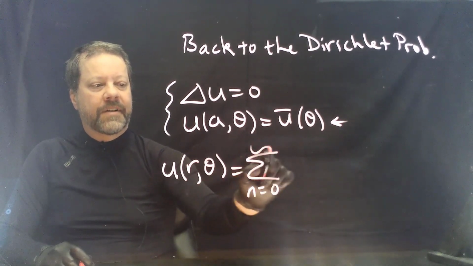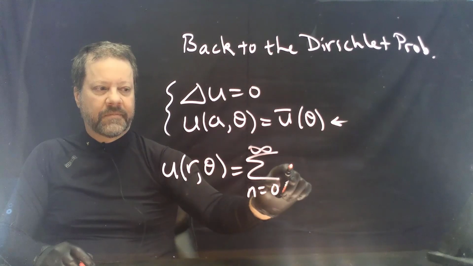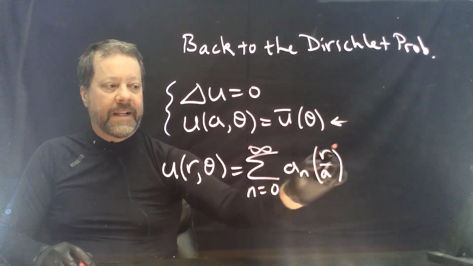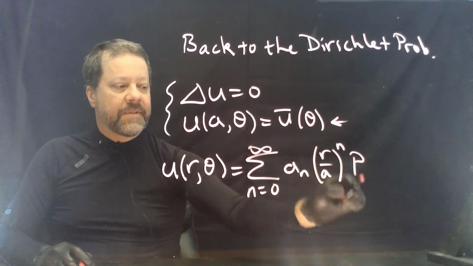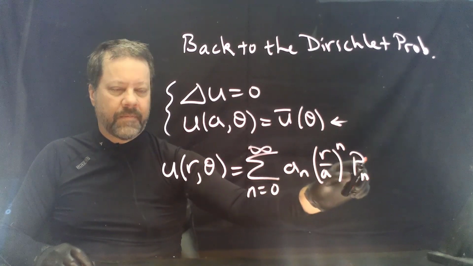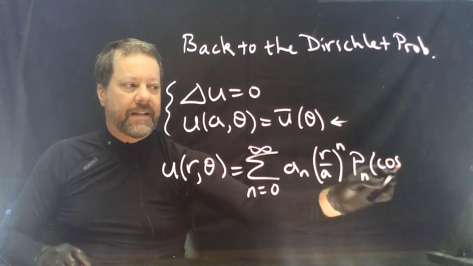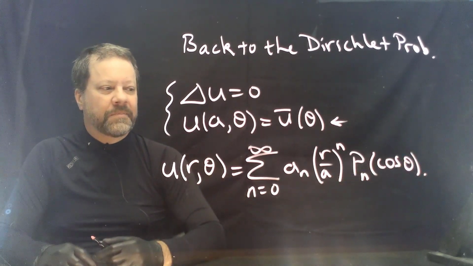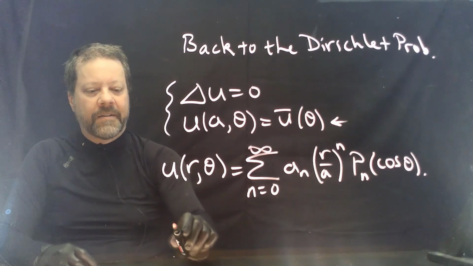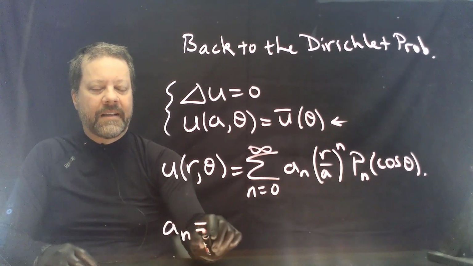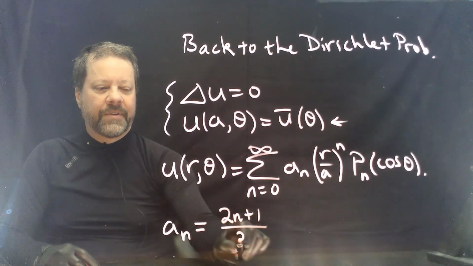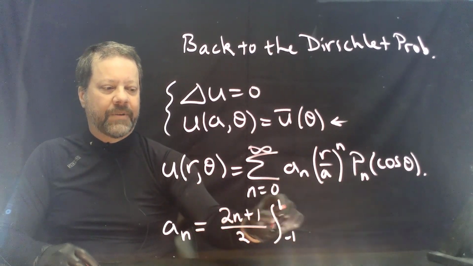the sum as n goes from 0 to infinity of a_n (r over the radius a) to the n, times these Legendre polynomials evaluated at cosine theta from our earlier work. Here, a_n is (2n plus 1) over 2 times the integral from -1 to 1.